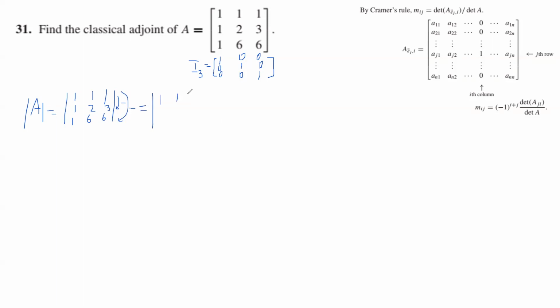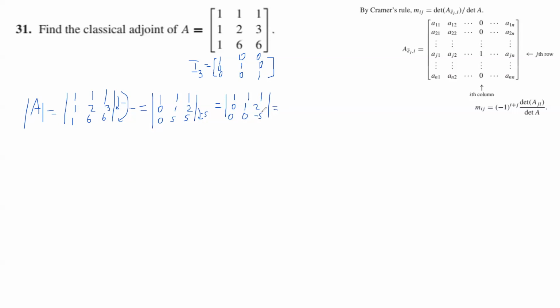So we'll get 1, 1, 1, 0, 1, 2, 0, 5, 5. Now I can subtract the second row times 5 from the third row, and I will get 1, 1, 1, 0, 1, 2, 0, 0, and 5 minus 10 is minus 5.